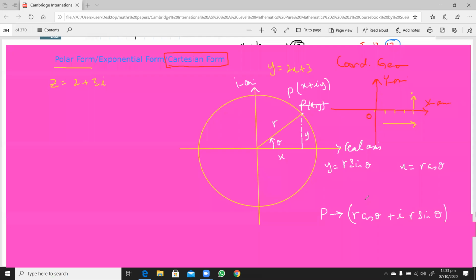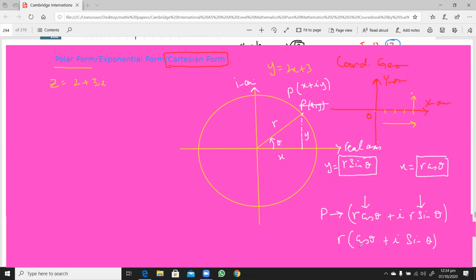Because x refers to the real part and y refers to the imaginary part. So this x is r cos theta and this y is r sine theta. If you take r as common, this becomes r (cos theta plus iota sine theta).